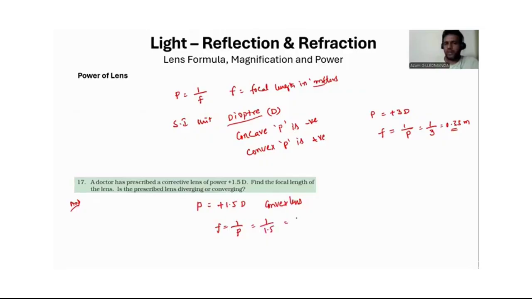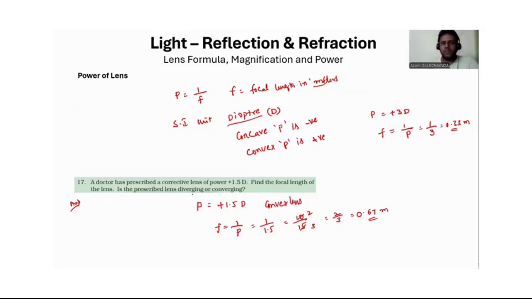I can write this as 10 by 15, so 2 by 3. That means 0.67 meters. Understood? So this is a convex lens and the focal length is 0.67 meters.